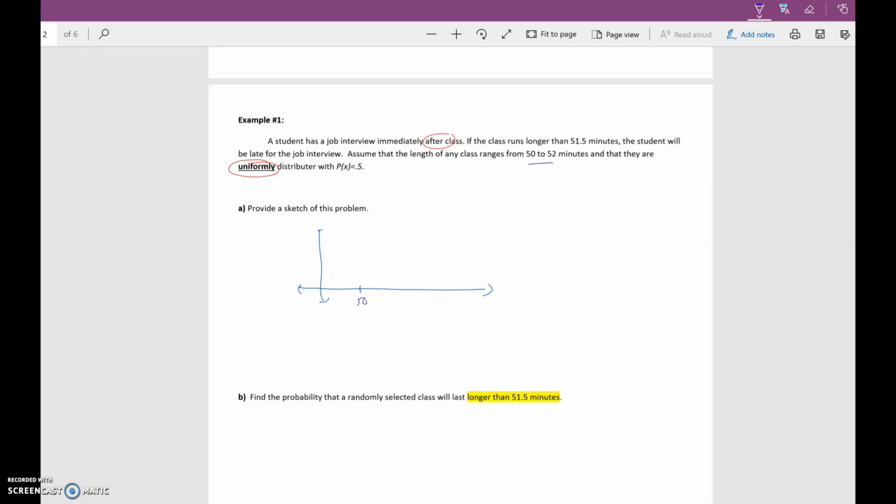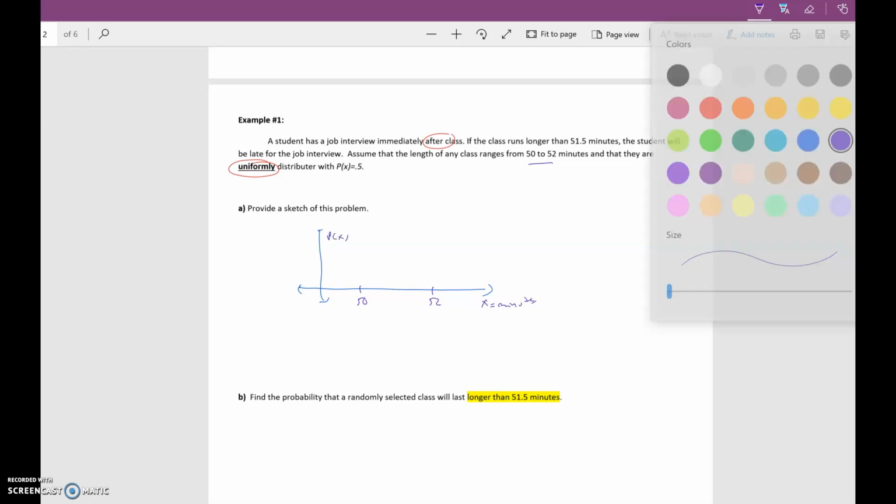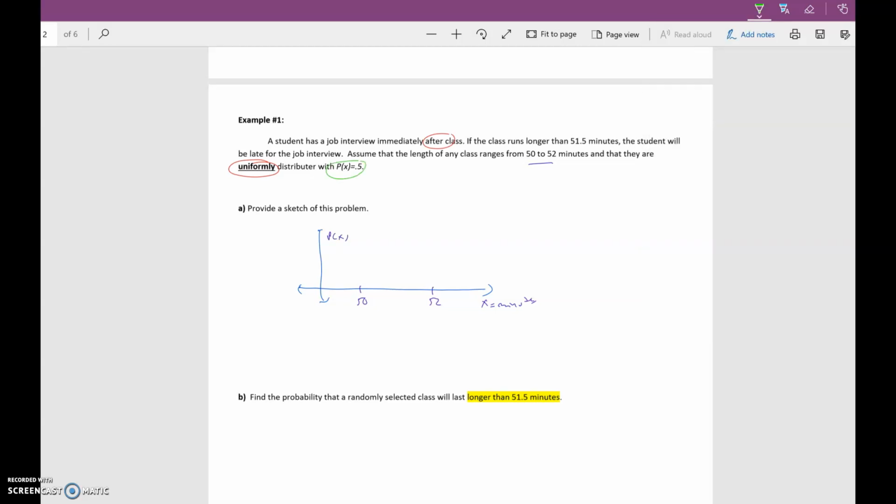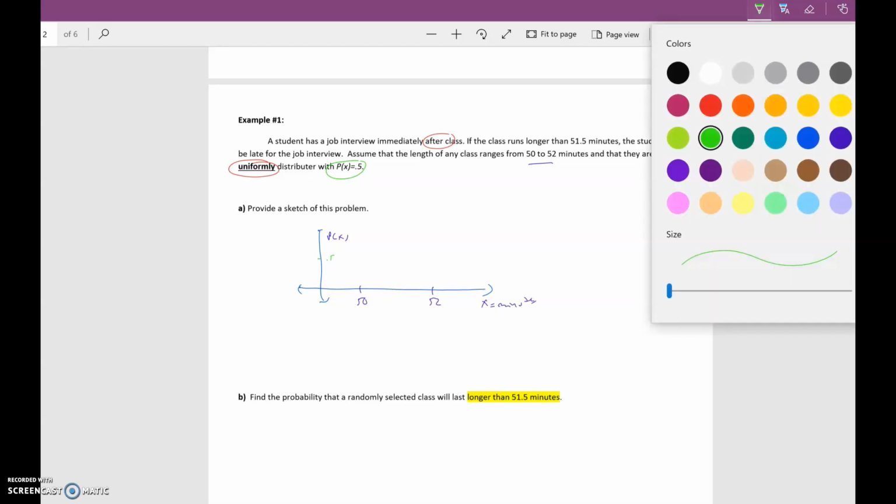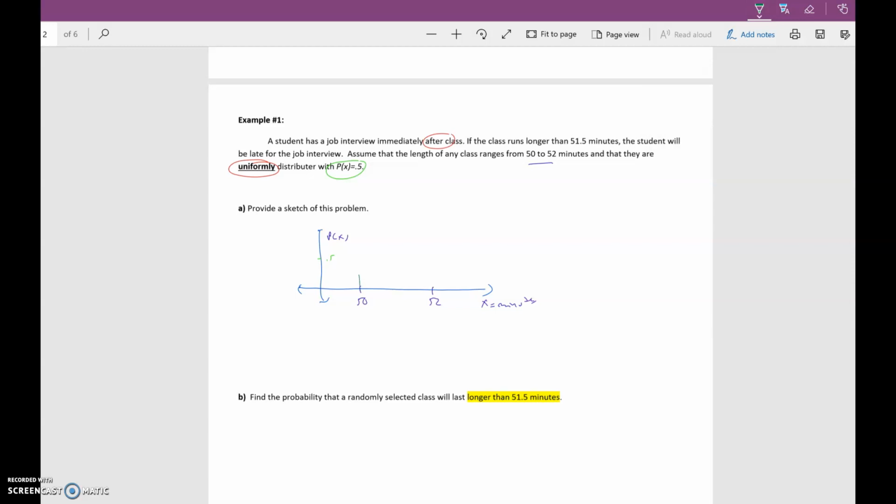So technically, this is 50 to 52, x is equal to minutes. And then this is going to be our P of x. We're given in the problem that the P of x is equal to 0.5, so I'm just going to say that's 0.5. Then the actual distribution, because it says it's uniform, is going to be a square that fits between 50 and 52.